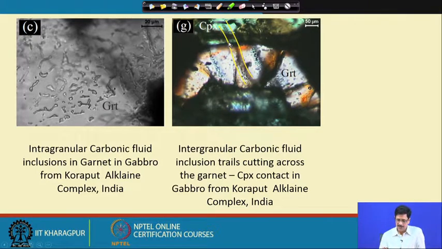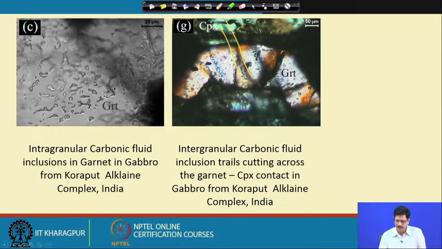And this is an example of the same inclusion trails, also magnified. Here, as we saw before, in the interior of the grain the smaller inclusions were of very regular shape, whereas the inclusions present in the healed cracks are of many different shapes compared to what we can call a regular shape.